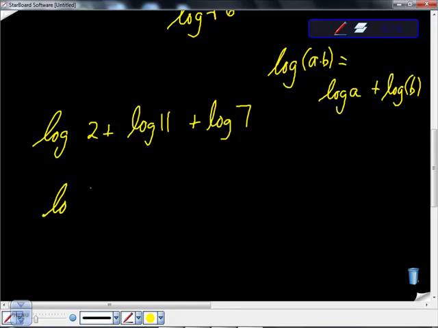So I have log of 2 times 11 times 7. What the heck is that? 77 times 2 is 154, so it's log of 154.